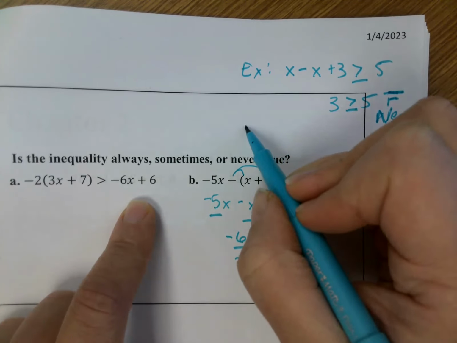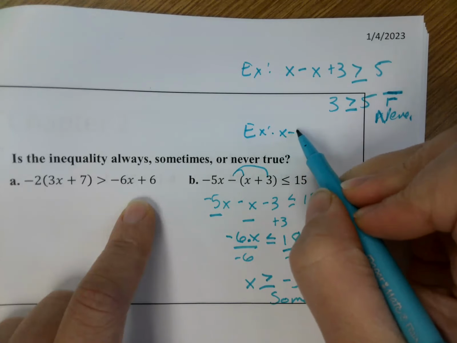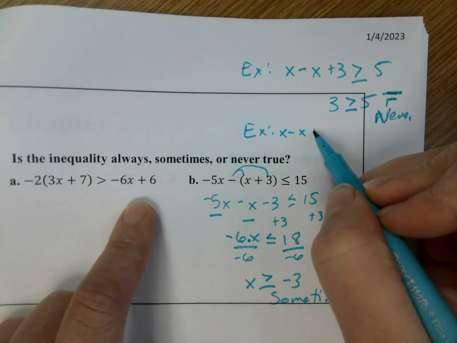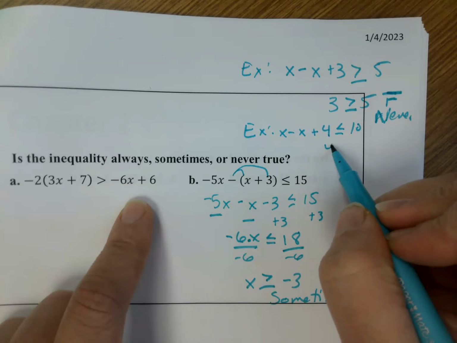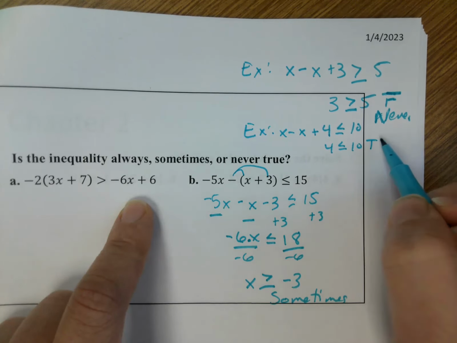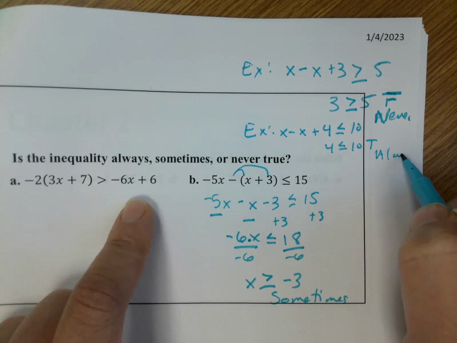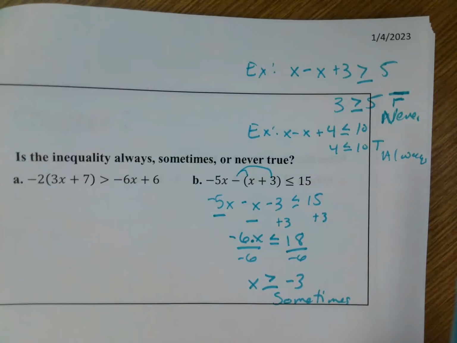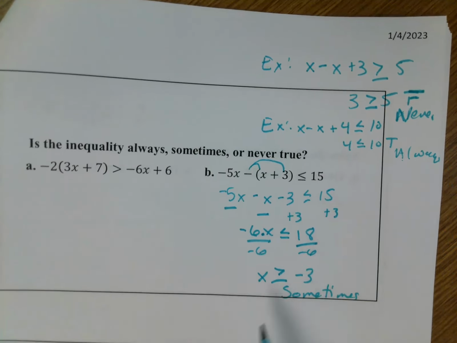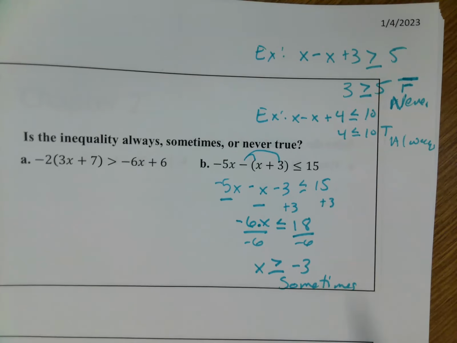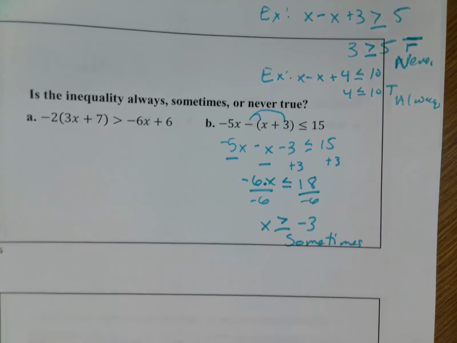If I had another example, x minus x plus 4 is less than or equal to 10, this becomes true. 4 is less than 10, so this would be always. So those are your three options. If the variable cancels, it's either never or always, depending on what's left over. Otherwise, if the variable's still there, it's a sometimes.